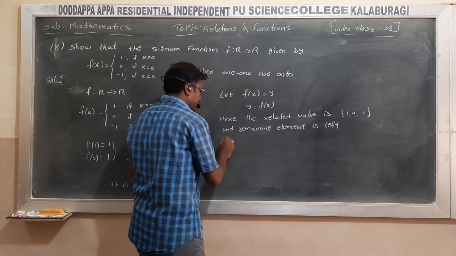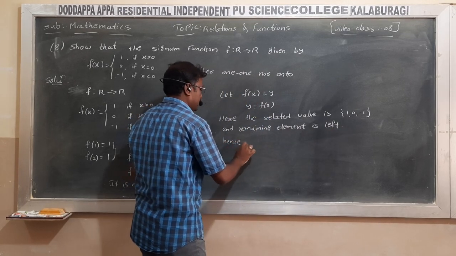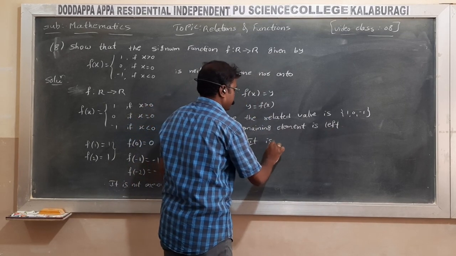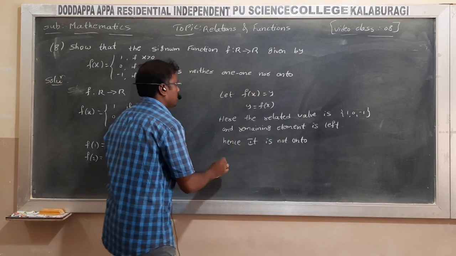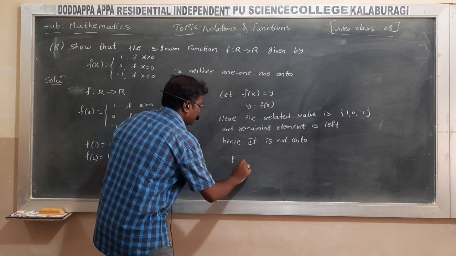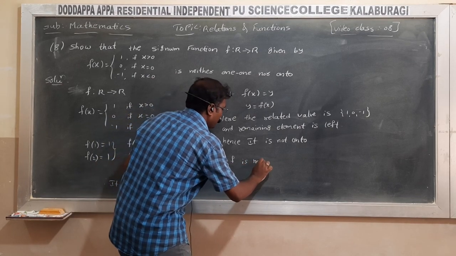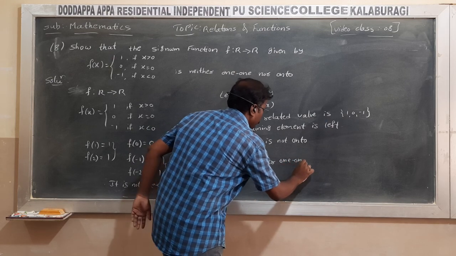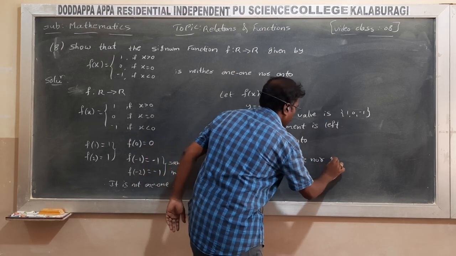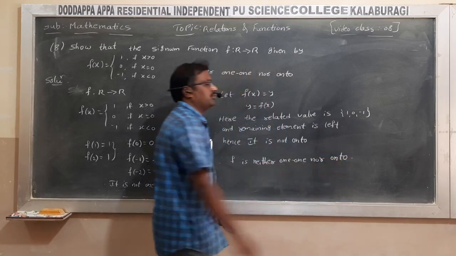So hence it is not onto. Therefore f is neither one-one nor onto. Okay.